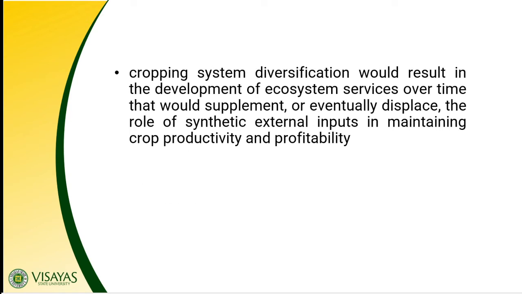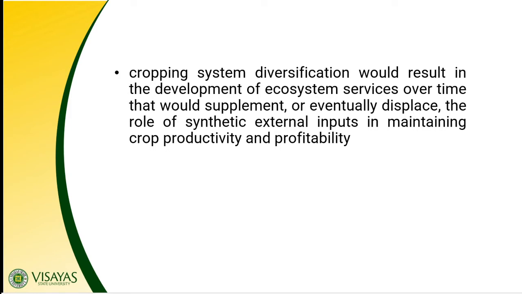Cropping system involves diversification, meaning the planting of many crops, which would result in the development of ecosystem services over time that would supplement or eventually displace the role of synthetic external inputs in maintaining crop productivity and profitability.